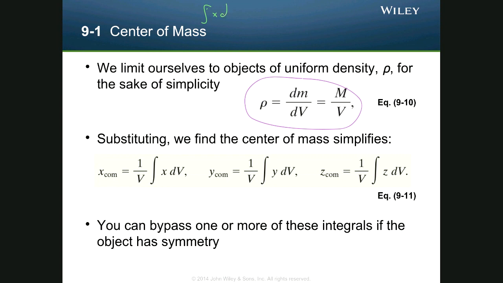We can solve for the density here: rho dv is equal to dm, this is 1 over m, so we can say that rho equals dm over dv, and we can also see that m is going to equal rho times v.